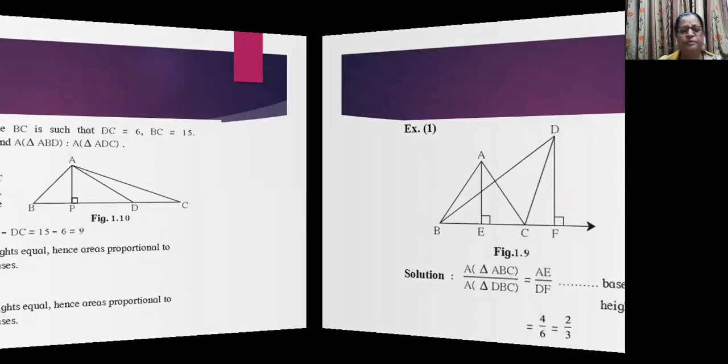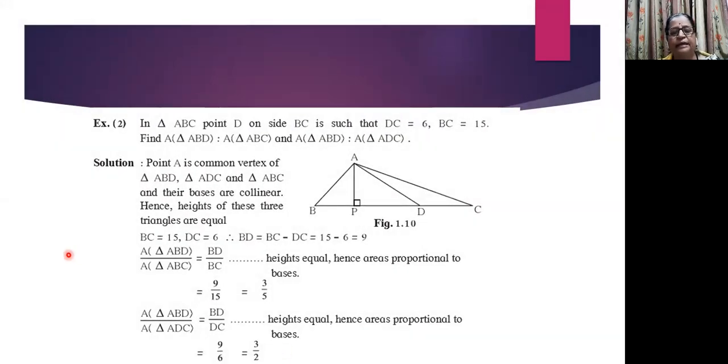In the next example, we are going to see that in a triangle ABC, D is on the side BC such that DC is equal to 6, BC is equal to 15, and find the area of triangle ABD to area of triangle ABC, and area of triangle ABD to area of triangle ADC. See, these are the two triangles.